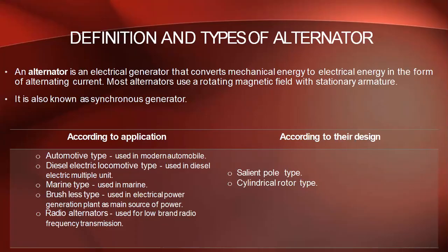In a DC generator, the magnetic flux, that is, the poles, are constant and the armature rotates. Here it is quite opposite: the armature is stationary and the magnetic field is rotating, which is called the rotating magnetic field. So it is also known as a synchronous generator.